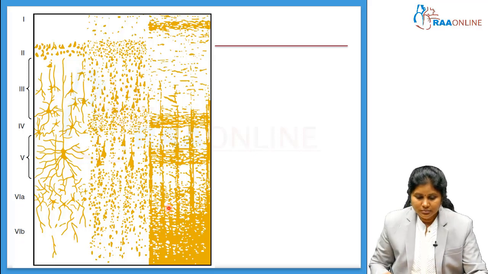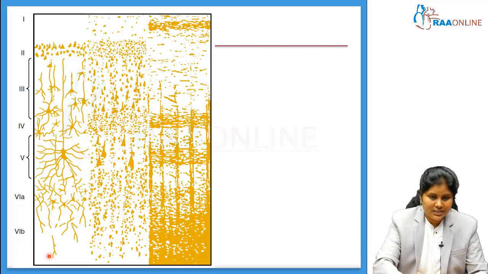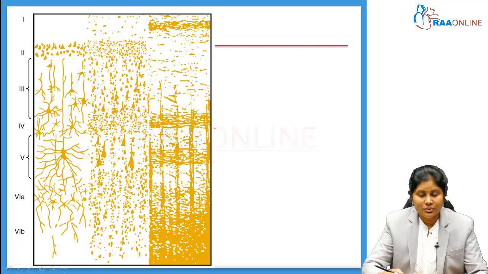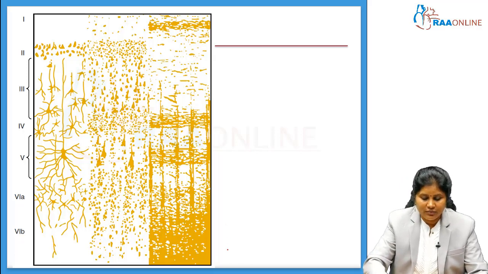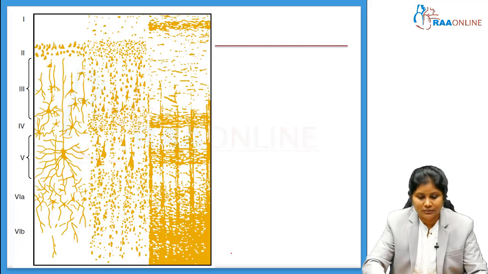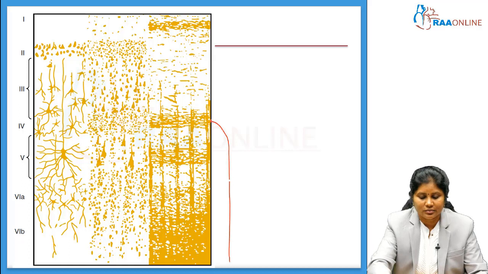We can also point out from this layer structure regarding the functionality. Most of the sensory fibers which carry sensations from different parts of the body enter into layer 4 first.